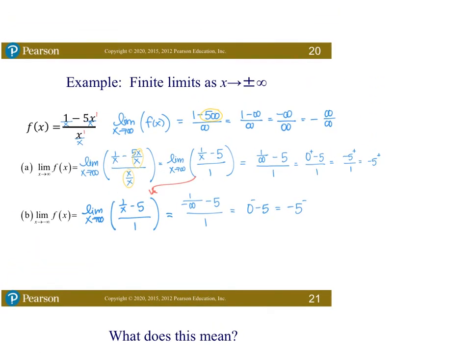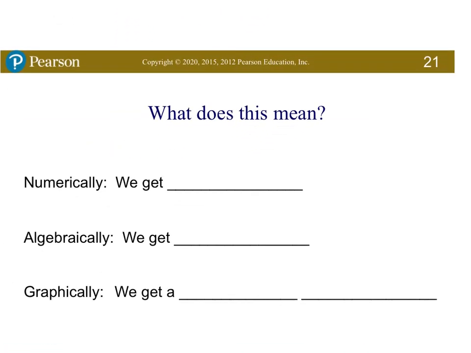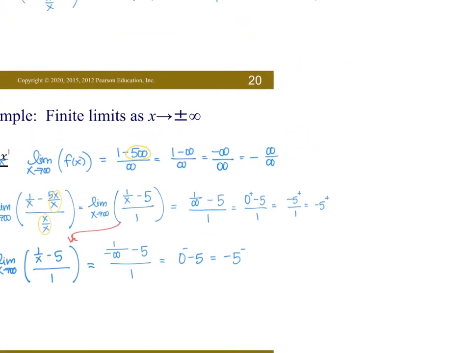So what does that mean when you get these answers? When we plug in numerically, we got infinity over infinity, which was indeterminate. When we did the algebra, where we divided by the highest power, we get a value. Let's look back. We got negative 5 plus, negative 5 minus.